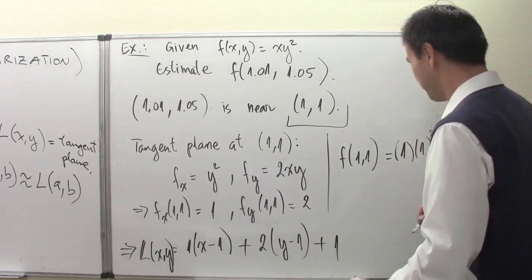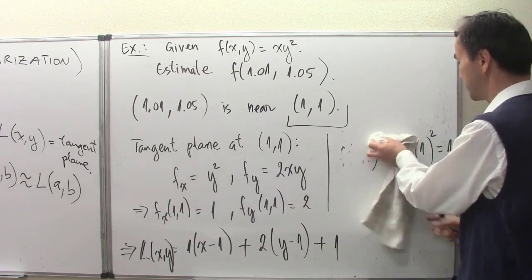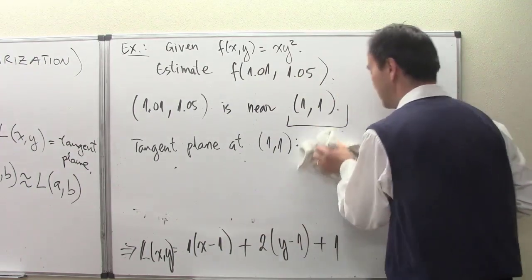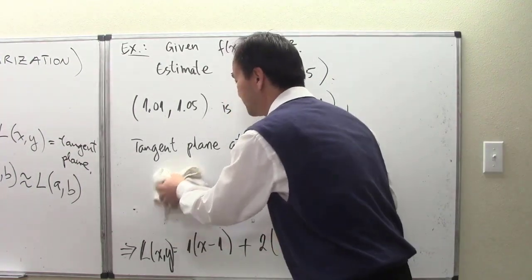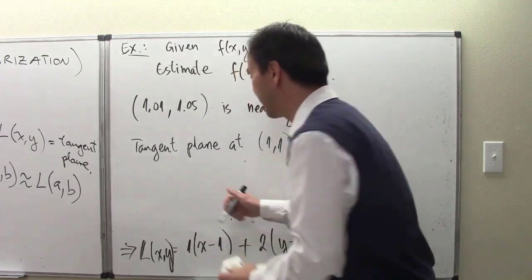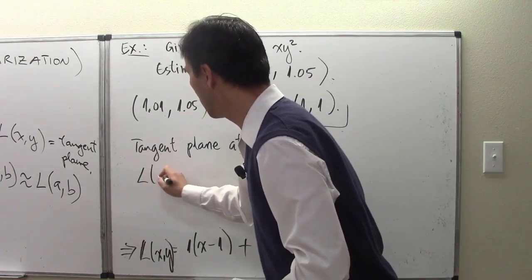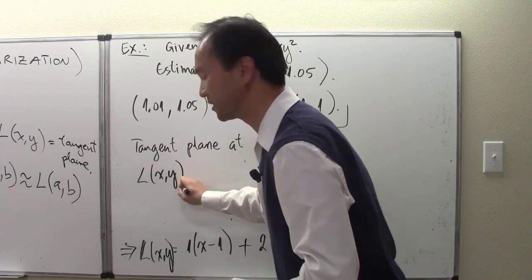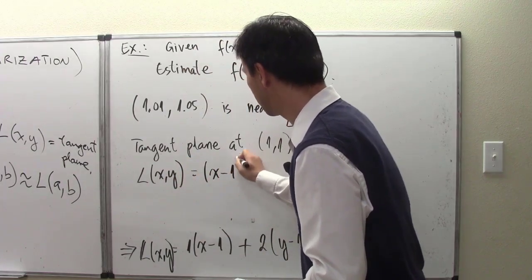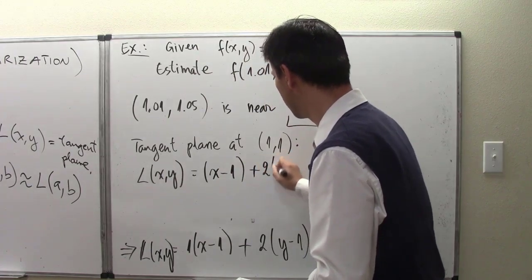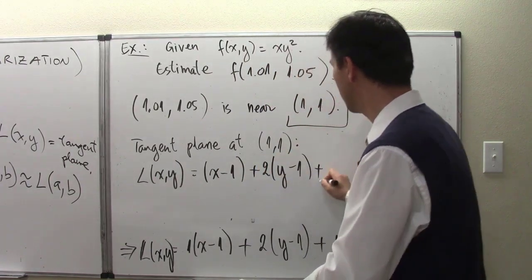Now, let me erase some space right here. All the work to arrive at this linear function can be erased, and I'm going to rewrite the equation of my tangent plane as a function of two variables: x minus 1 plus 2 times y minus 1 plus 1.